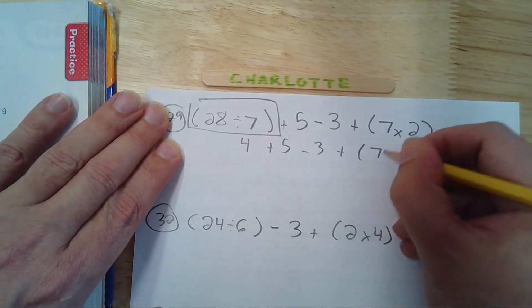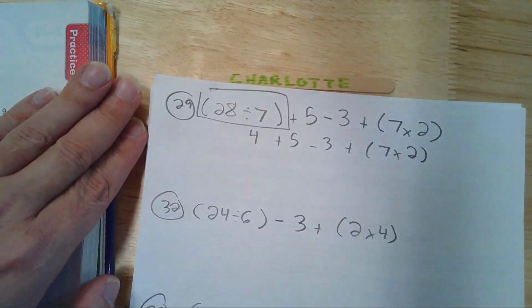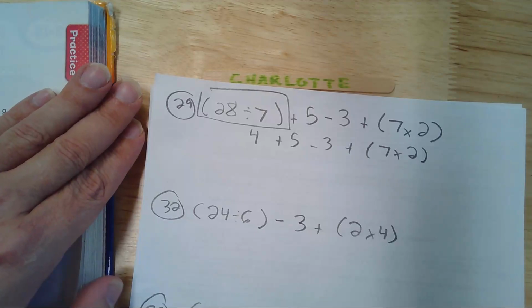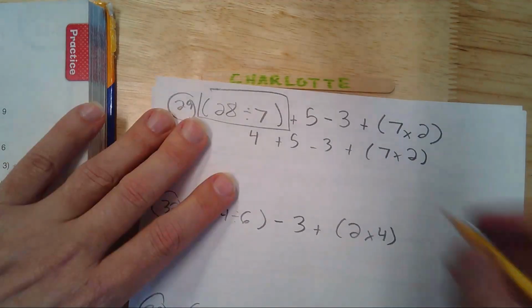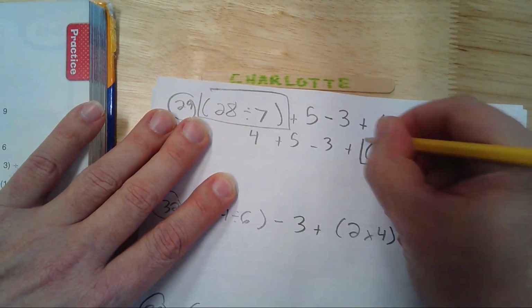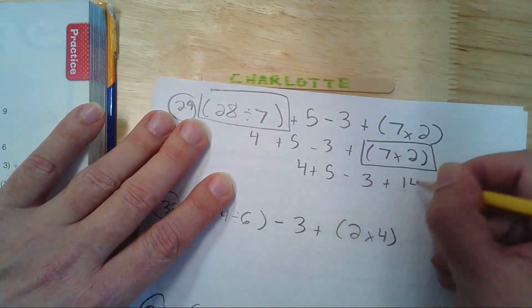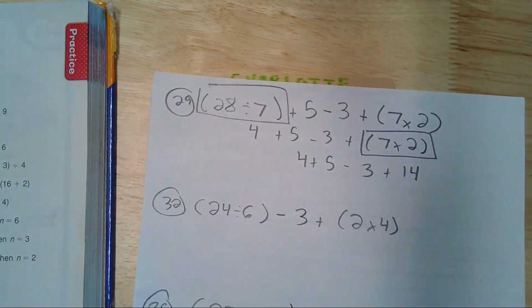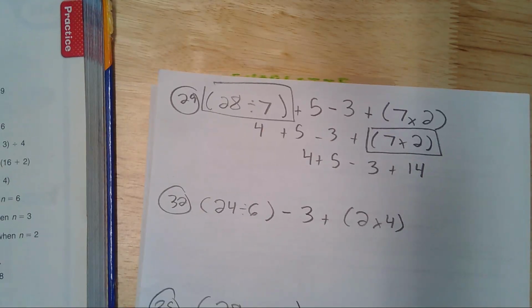And then 4 plus 5 is 9. We got more brackets. 7 times 2 is 14. Right. Yeah, we gotta get rid of all them first. And now, looks like it's just some adding and subtracting to the finish line. 4 plus 5 is 9.